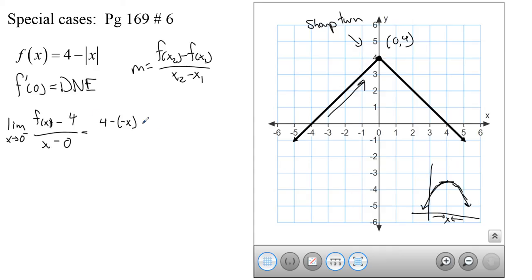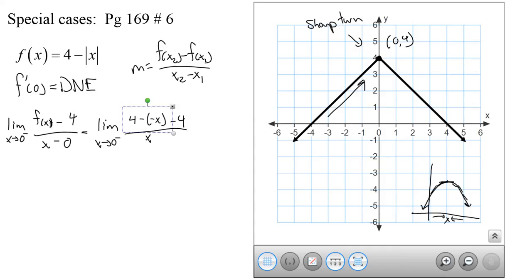And then this minus 4 here, and then it'll be over x, because x minus 0 is just x, and I really screwed that up, and I apologize. I yell at you guys for not doing this, and then I made the mistake. I have not evaluated this limit yet, so I need to make sure that I have that limit as x goes to 0. I haven't evaluated that limit yet.